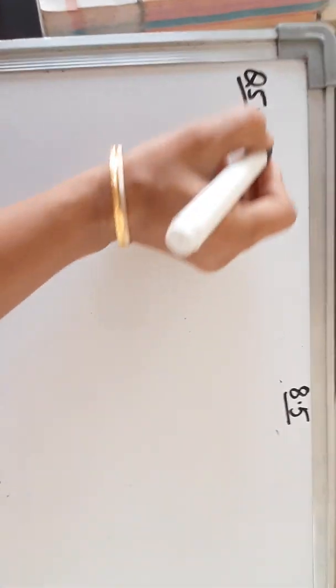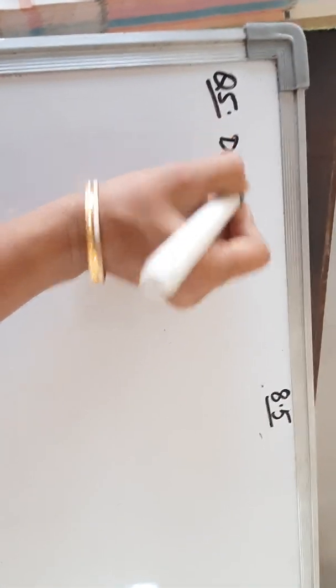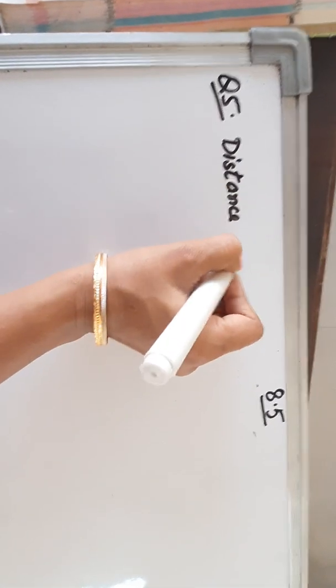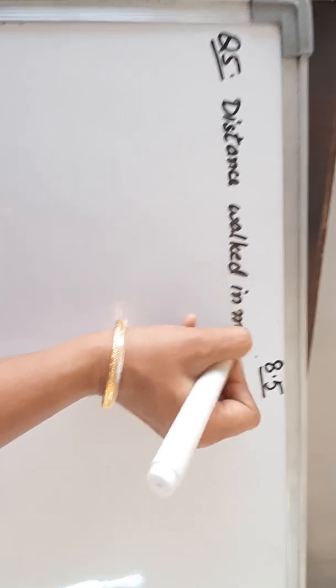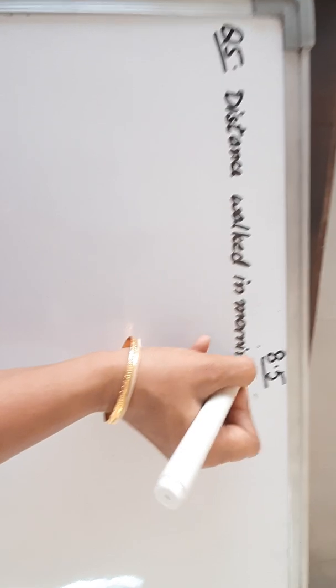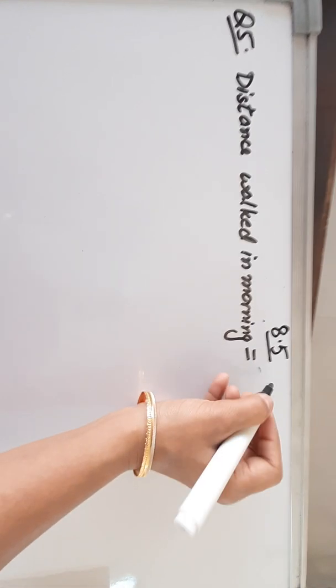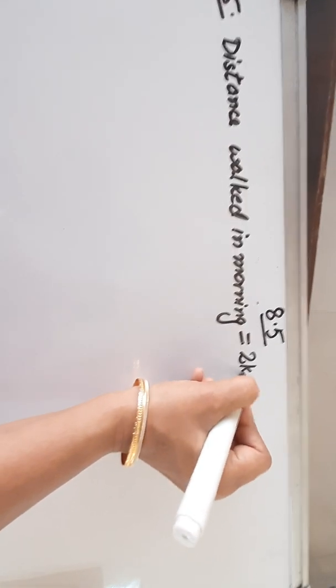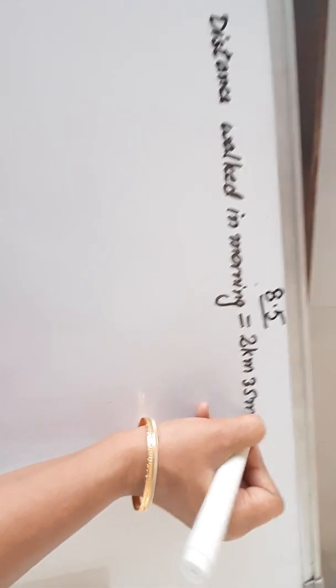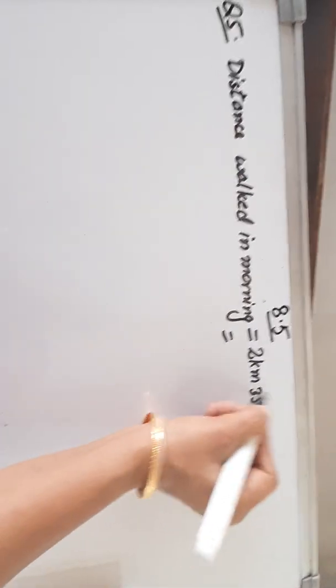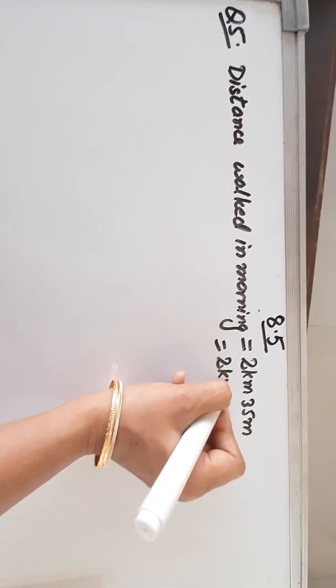So what do we write? Distance walked in morning by Naresh is equal to 2 kilometers and 35 meters. So again let us convert this meters into kilometers.